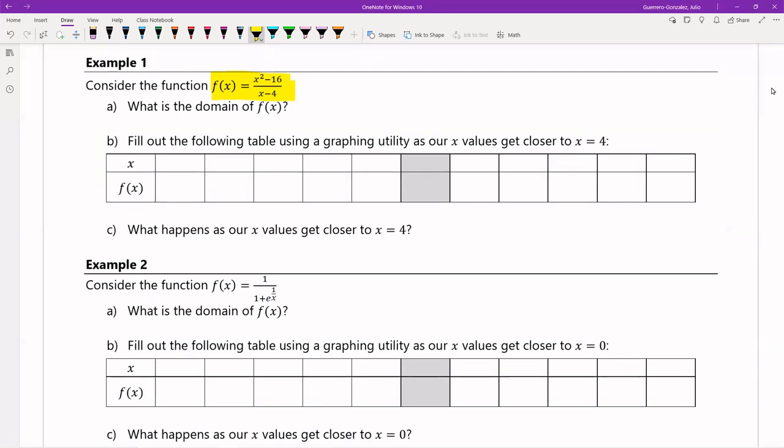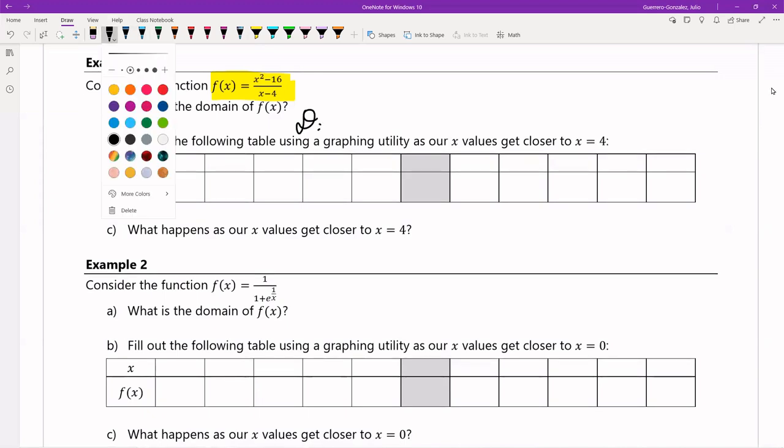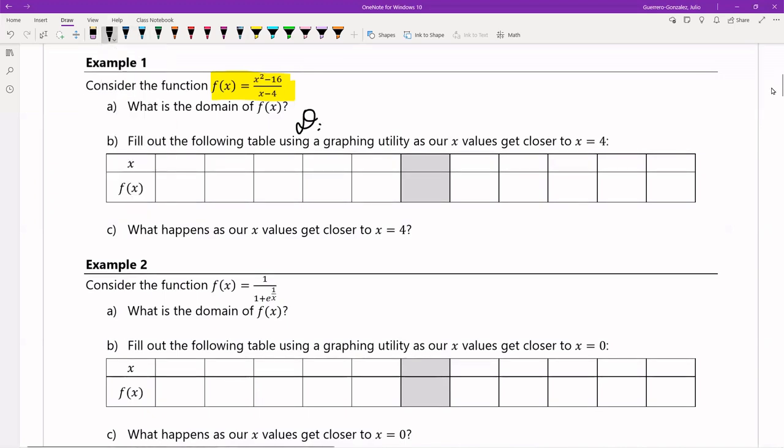So the first thing that we're going to find is the domain. And hopefully you guys remember, the domain of this function is negative infinity to 4 union 4 to infinity, okay?